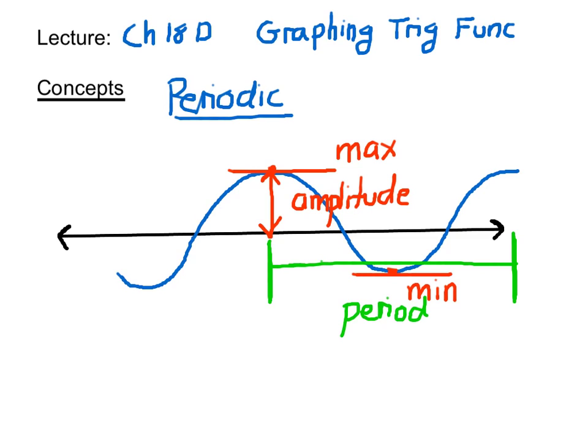So again, we have the maximum, we have the minimum, the amplitude, which is the height between either the max or the min and the principal axis.